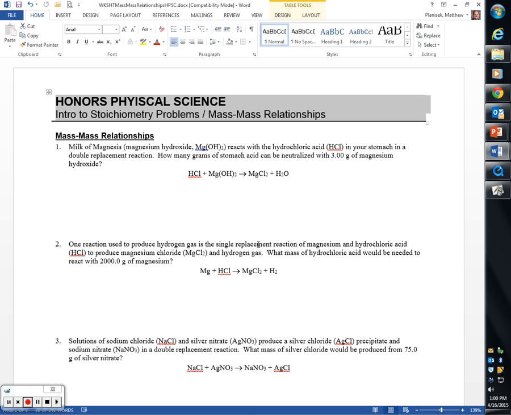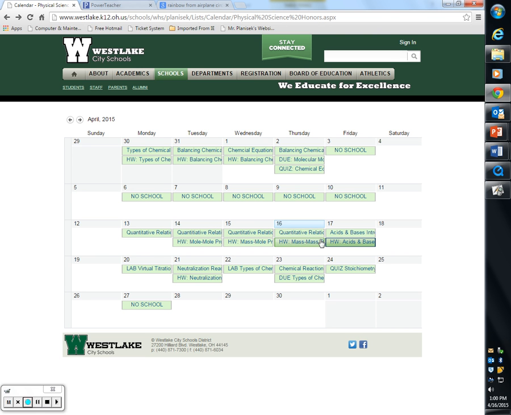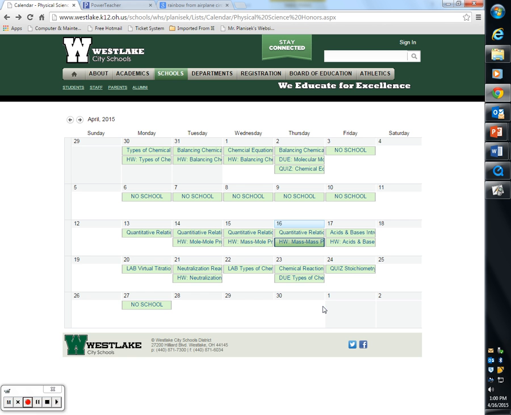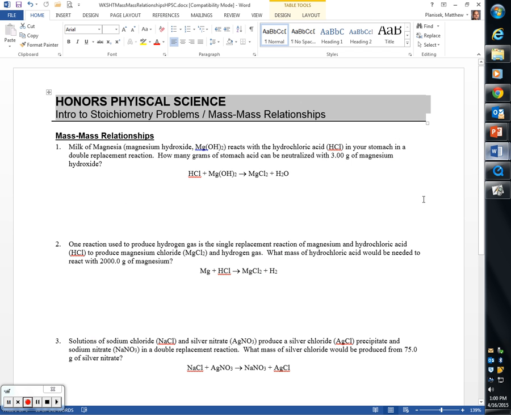Now, I will tell you one thing. First, the answers to all of these problems are posted on the homework for tonight. The second, and probably more important thing, on question number 2 on this page, it gives you a description of the reaction, and you'll notice that on your page, the product is written as H2O.